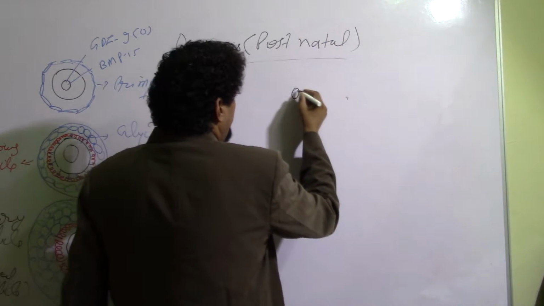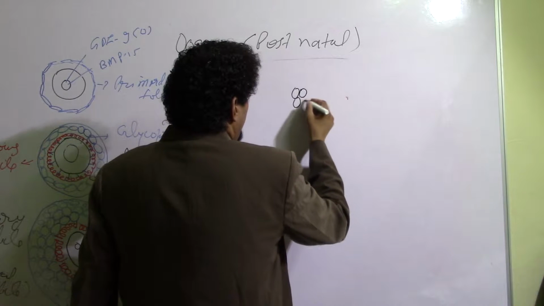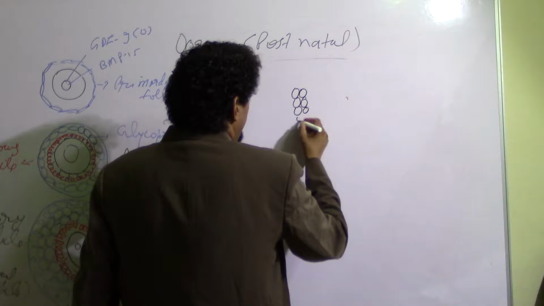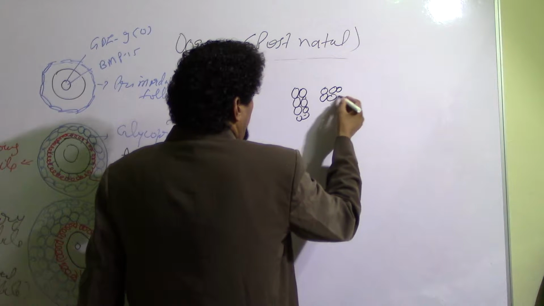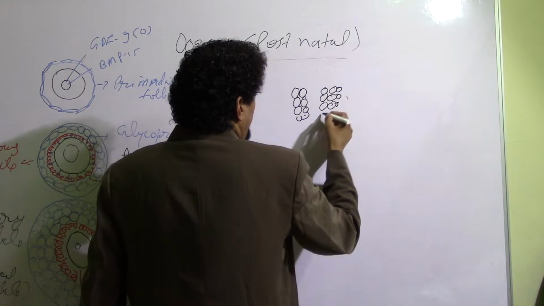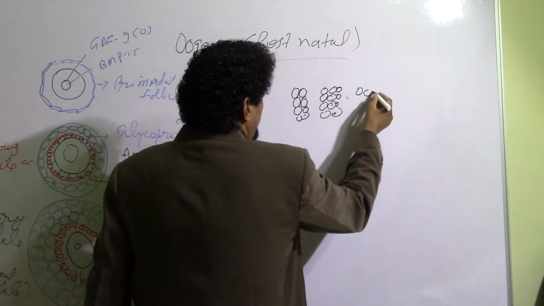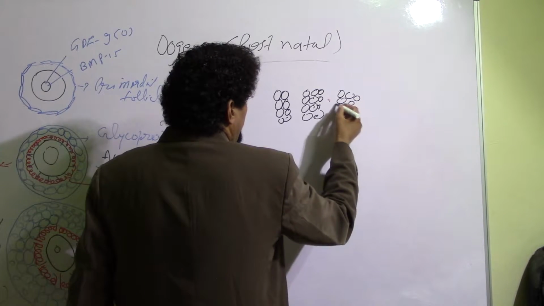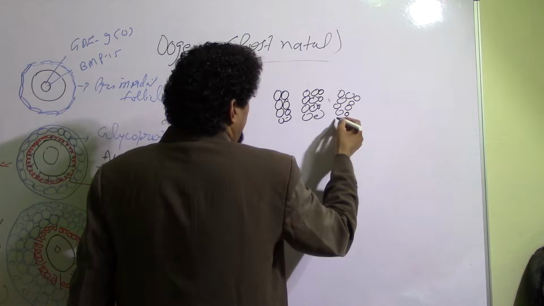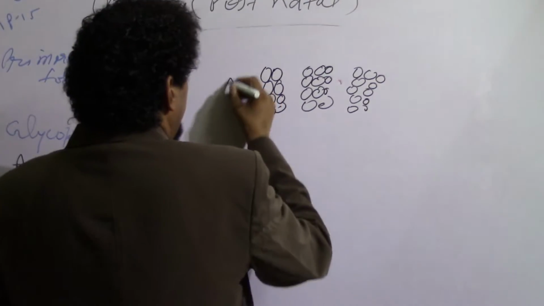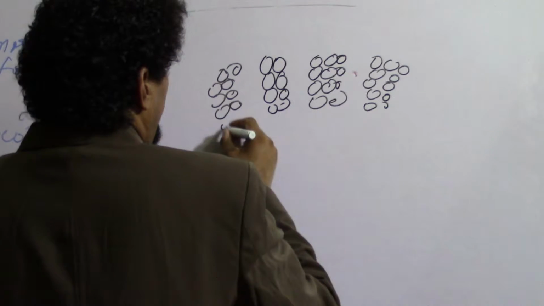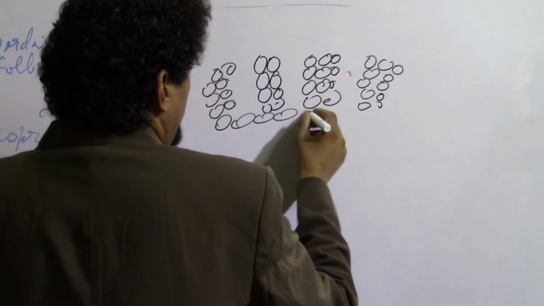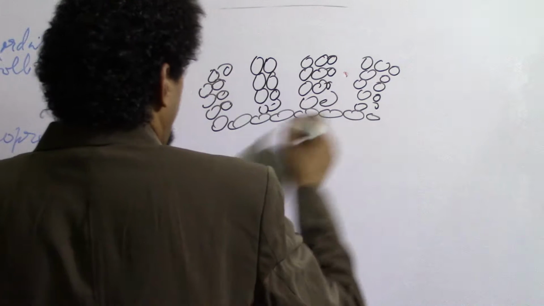So cells of covering of primary oocyte will fall in cluster manner, and these cells will form small vesicles or antrum.